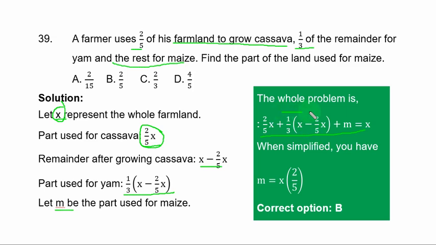If you open this bracket now, you are going to have 1/3 S minus 2/15 S equal to M. So if you take the rest terms to the right hand side and simplify through addition, you have M equal to 2/5 S. You can factor out S because we are interested in the fraction, and that fraction is 2/5. Going by the options, option B is correct.